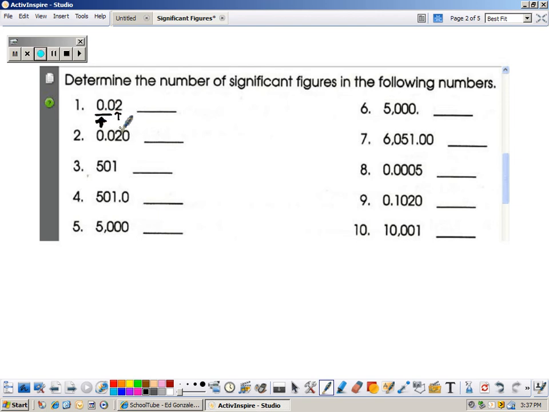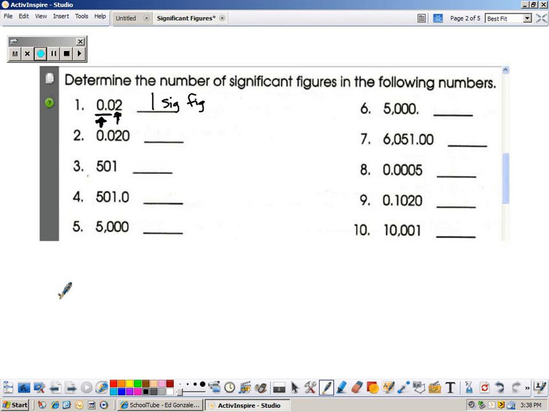So the leading zeros here are not significant. They're just there to hold a place. They're like placeholder zeros. So this problem, we have one significant figure.